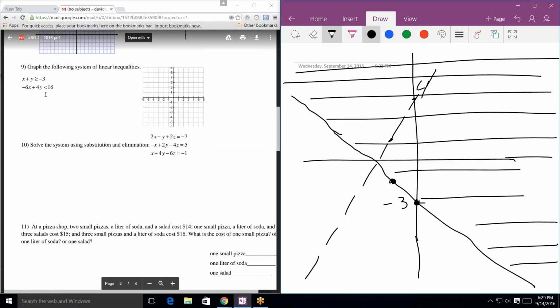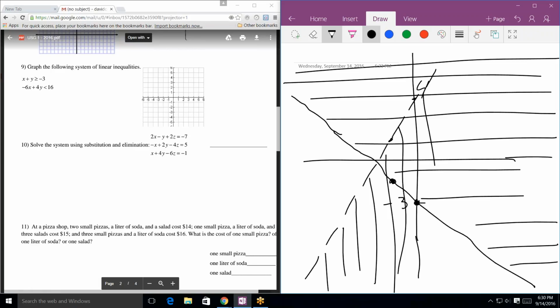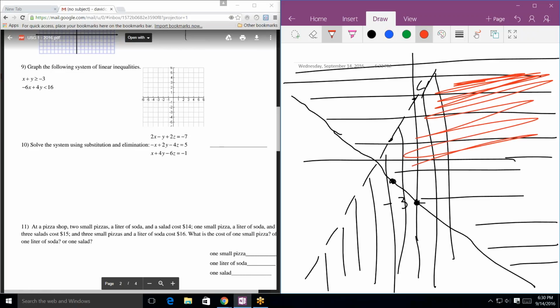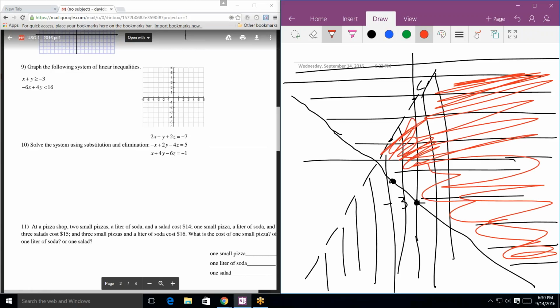Okay? Well, I'm going below the dotted line, so I'm going to use vertical stripes everywhere below the dotted line, and then wherever I have both stripes, that's the area in common. And that area is that area there. And that's how you do these.